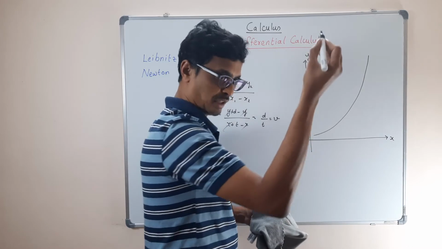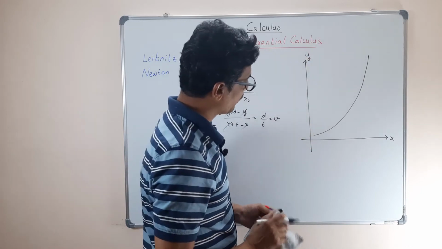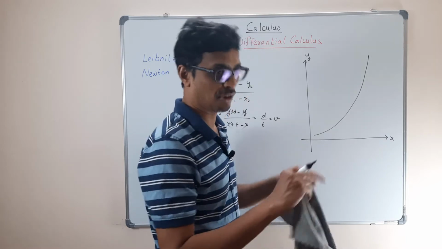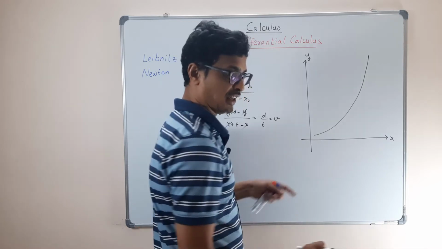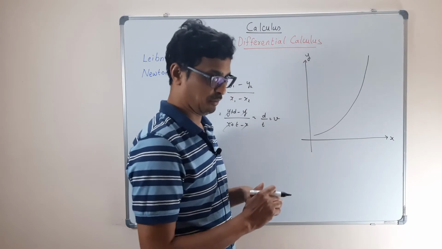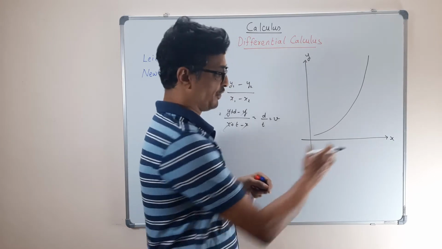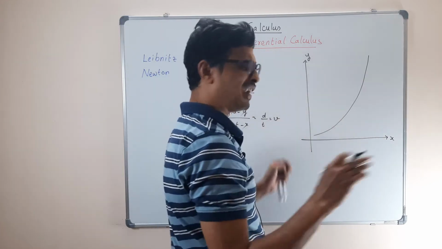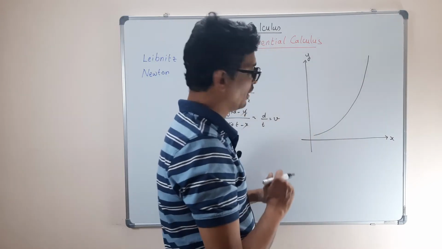We never know what it is. The mathematical language is called a gradient, or if it's time, you call it a rate. If x is a distance, then you call it a gradient, but anyway, don't have to bother about it, it's a function.